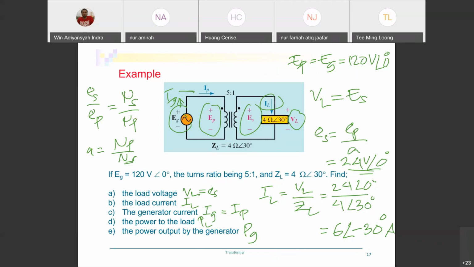Third one, generator current. Generator current equal to IP. So this formula: ES over EP equal to NS over NP equal to IP over IS. It's in the slide, you can check the slide.